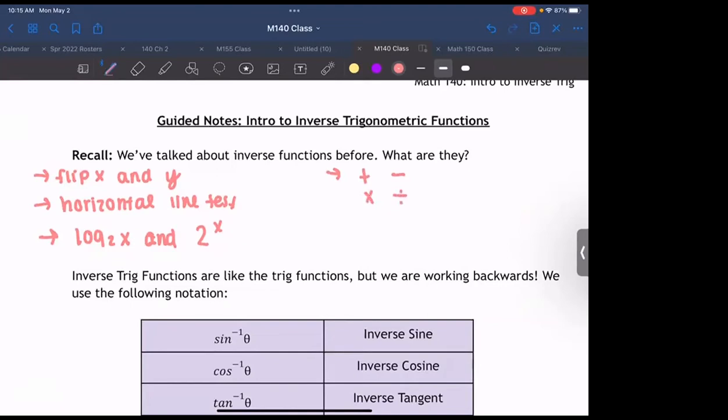Multiplication and division. If you ever see addition on one side of the equation and you wanted to cancel it out, you would just subtract on both sides, right? So these are just things that we use to cancel something else out, okay? One more example I'll give you, x cubed and the cube root of x, right? These things are opposites of each other. They cancel each other out, okay?